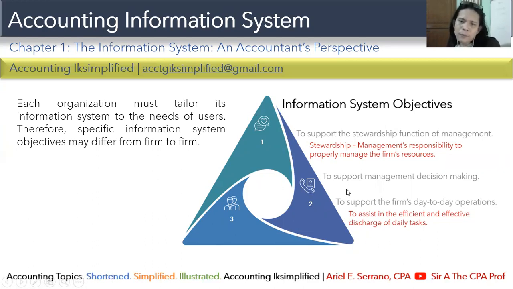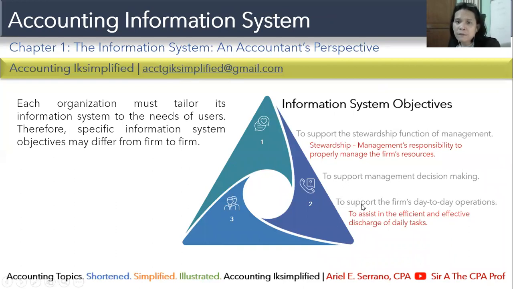At kung makikita po ninyo, nire-relay lang po nito yung ating pyramid, no, sa mga earlier video lectures. Each organization must tailor its information system to the need of users. Wala na pong explanation yan. Alam na natin, ano, it was repeated how many times. Therefore, specific information system objectives may differ from firm to firm.